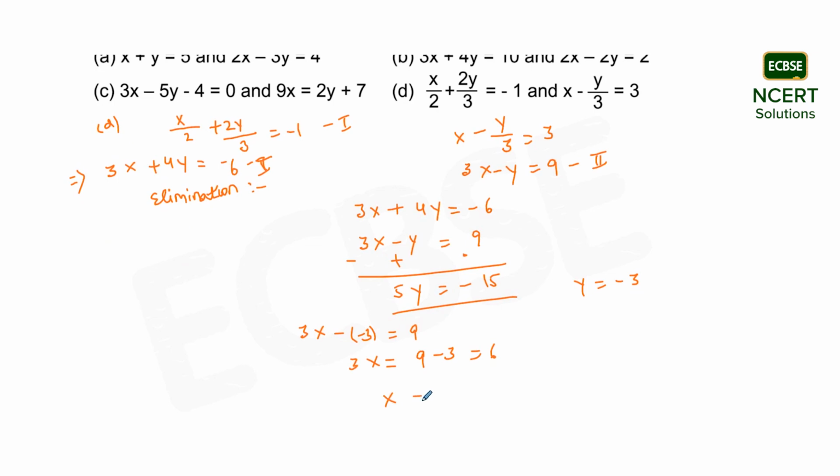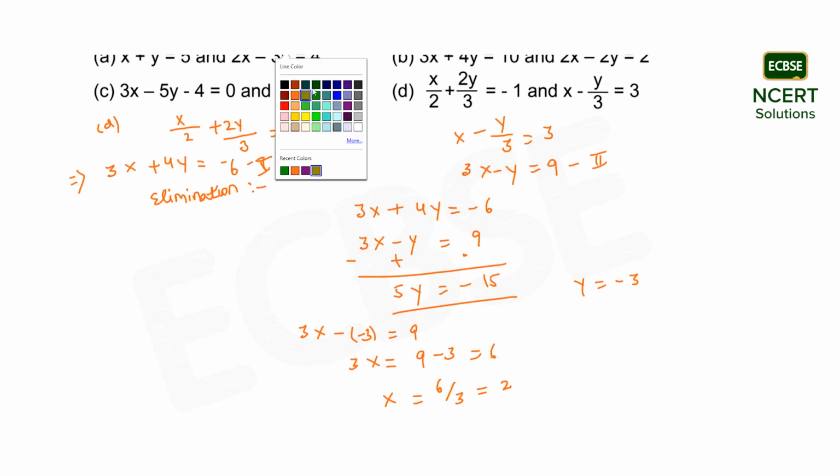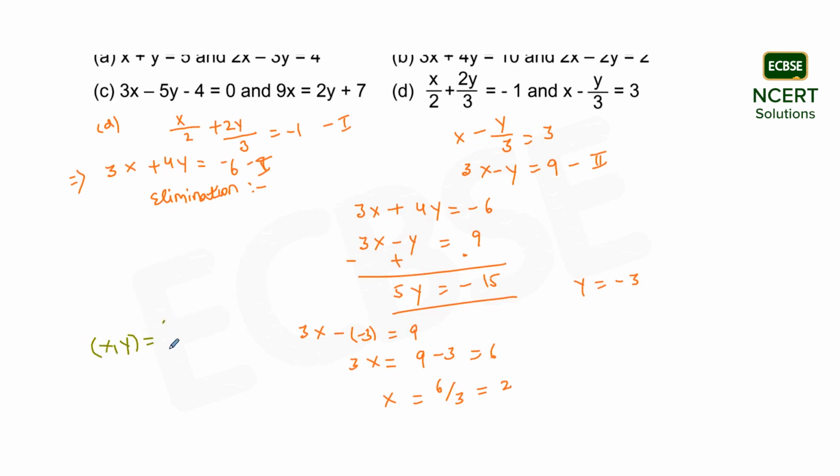So from here x comes out to be equal to 6 divided by 3, or equal to 2. Right. So from here x comma y will be equal to 2 comma minus 3. So I have solved the D part of this question by using the elimination method.